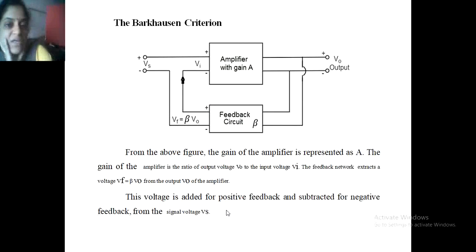In this figure, the amplifier has gain A and the feedback circuit is also there. Capital A shows the gain of the amplifier and beta shows the feedback factor of that block. Vs is the input voltage, Vi is the amplifier input, V0 is the output, which is fed to the feedback circuit, and the feedback circuit generates Vf, that is beta into V0.